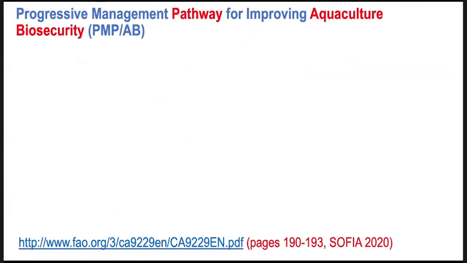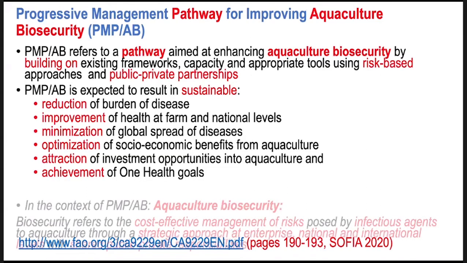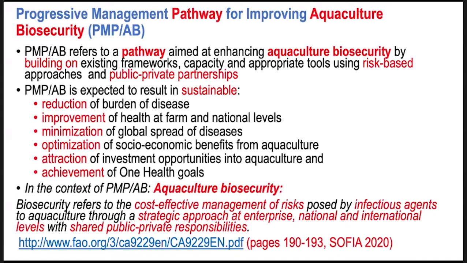The PMP is a pathway aimed at enhancing aquaculture biosecurity by building on existing frameworks, capacities, and tools, using risk-based approaches and public-private partnerships. The PMP is expected to result in a sustainable reduction of burden of disease, improvement of health at farm and national levels, minimization of global spread of disease, optimization of socioeconomic benefits, attraction of investment opportunities, and finally, achievement of One Health goals, which includes AMR.